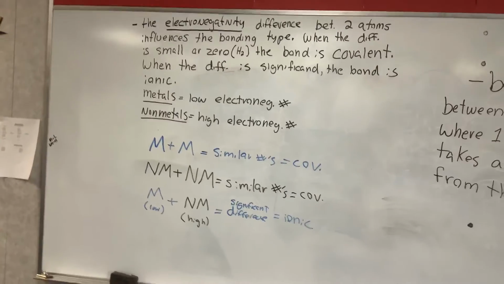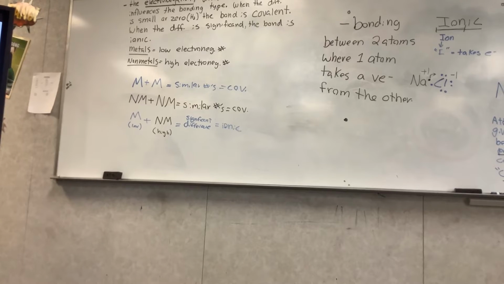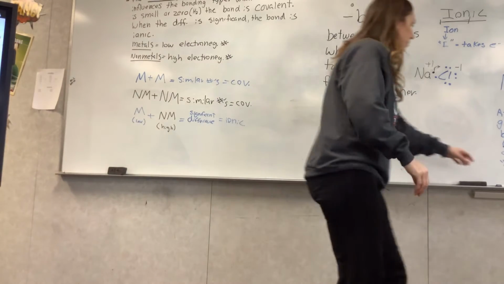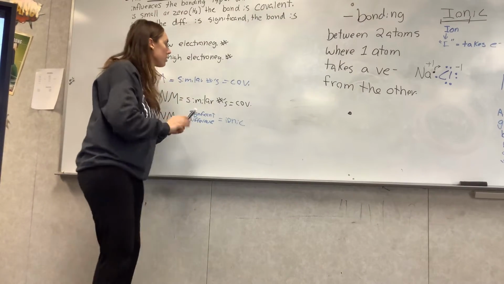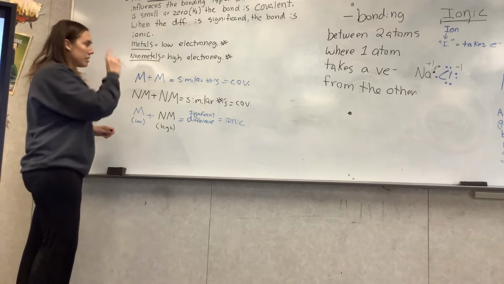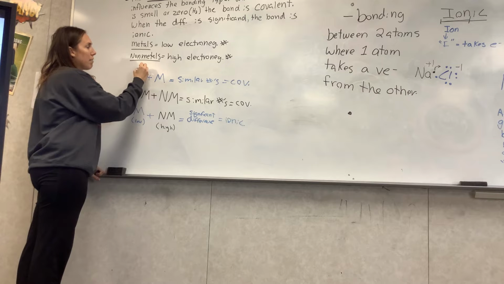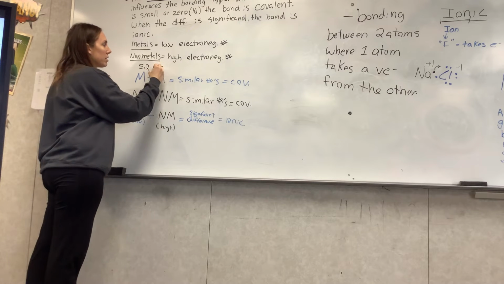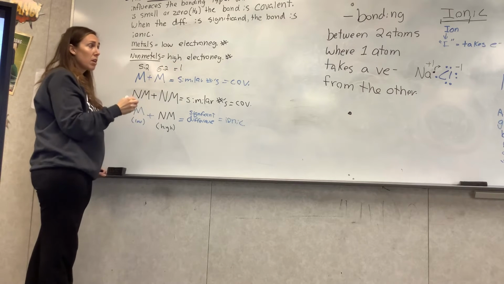Okay, so let me give you some numbers, for example. I'm just going to make up numbers just to show you the difference. So say if we have a metal that is 5.2 and another metal which is 6.2, and the difference is only 1. That's similar.